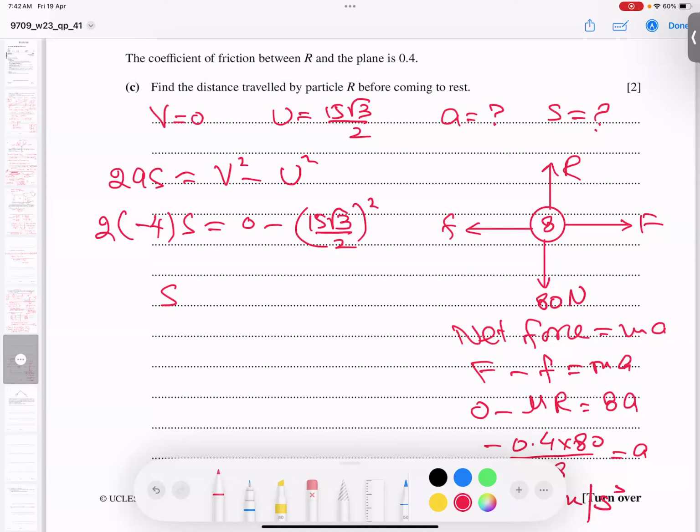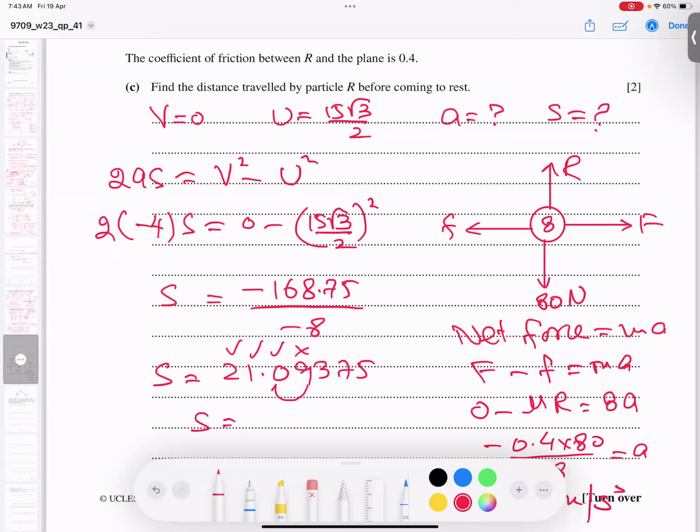Divided by 2 squared, this comes to -168.75, and divided by 4, 2s are 8. When I divide it by 8, my answer is 21.09375. So s becomes, I need to round, 21.1 meters. And I believe you got the point very, very clear.